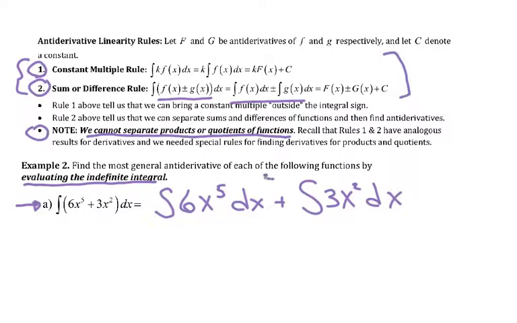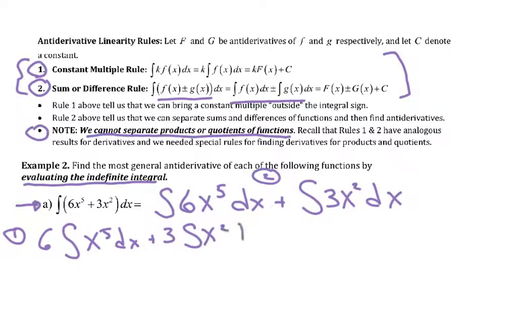That's rule 2. Rule 1 says I can bring that constant out if I want to. I really don't want to, but maybe that's not obvious right now.